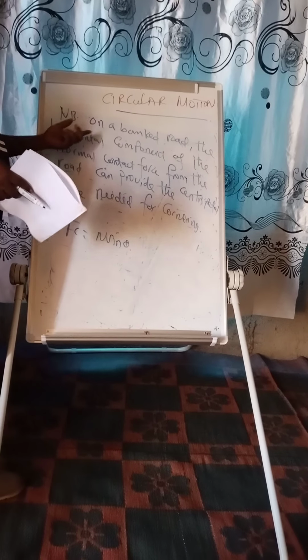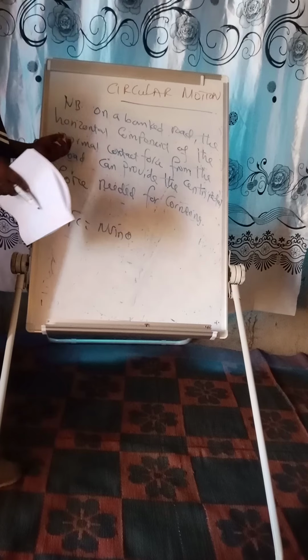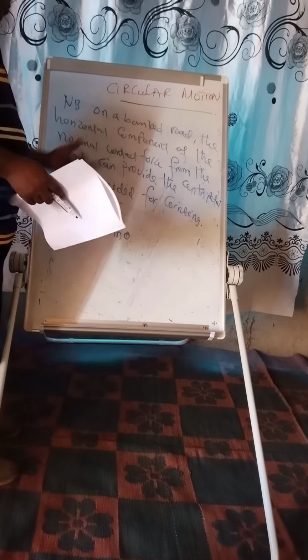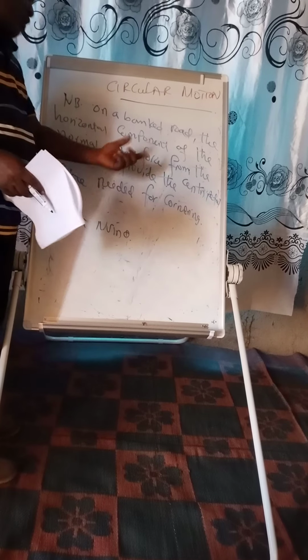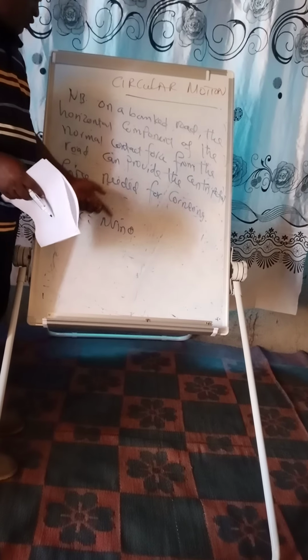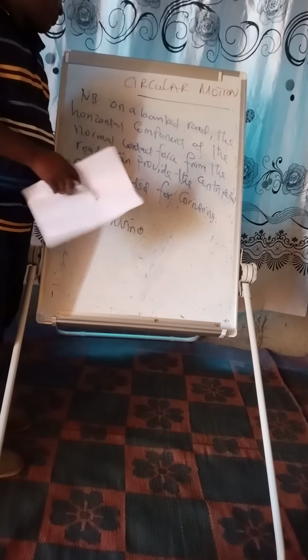This is very important. On a banked road, the horizontal component of the normal contact force from the road can provide the centripetal force needed for the cornering. So centripetal force is equal to normal contact force times sine theta.